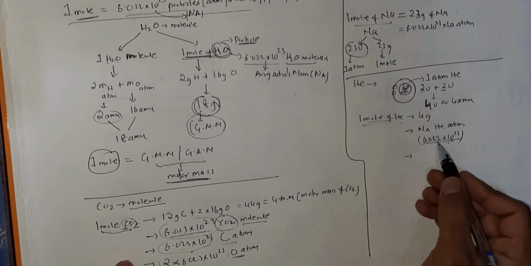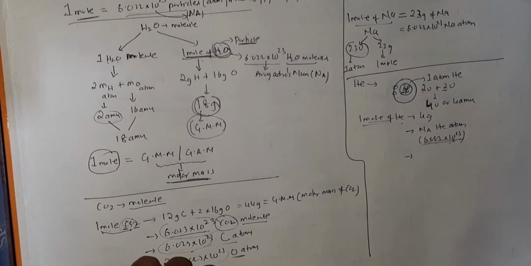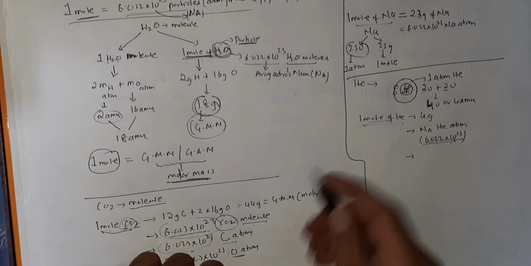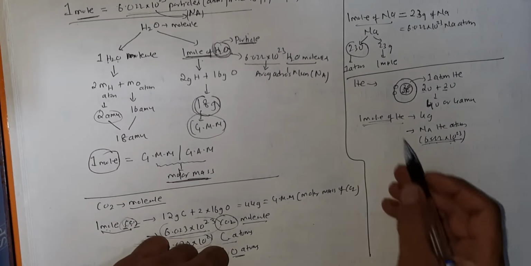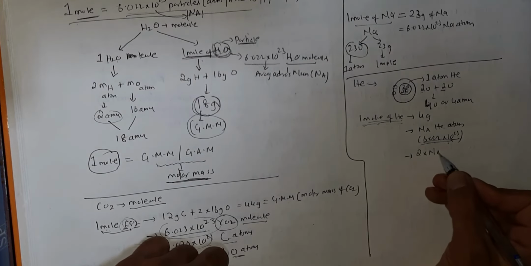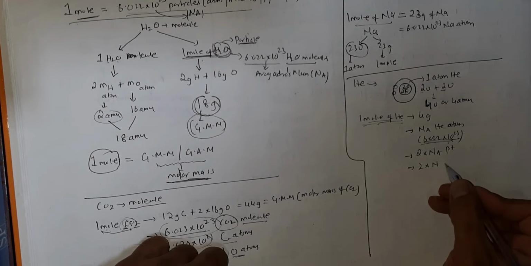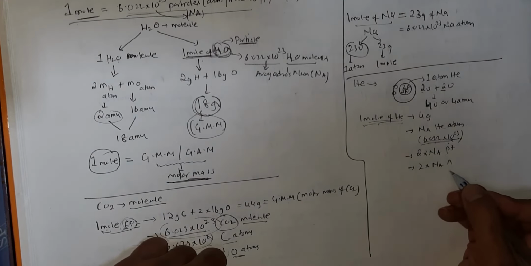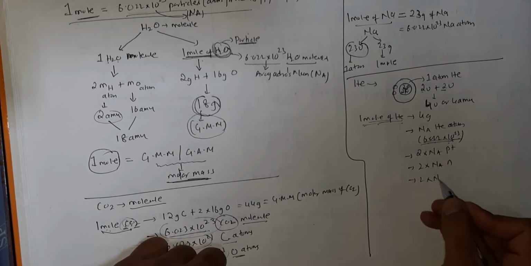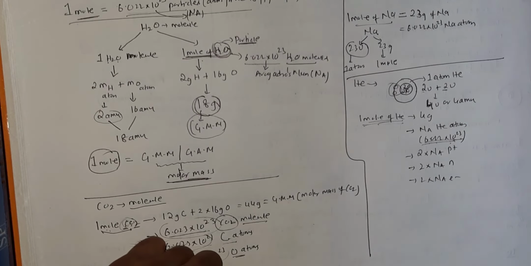Each helium atom has 2 protons. So in 1 mole of helium there are 2 into Avogadro number of protons. How many neutrons? 2 into Avogadro number of neutrons. How many electrons? 2 into Avogadro number of electrons, because each atom has 2 electrons.